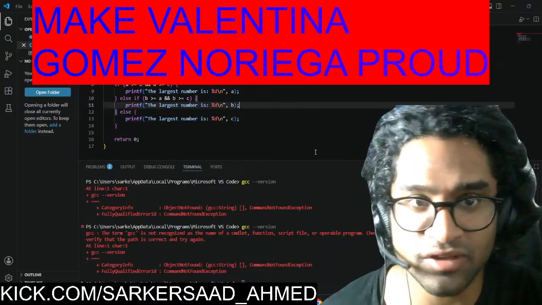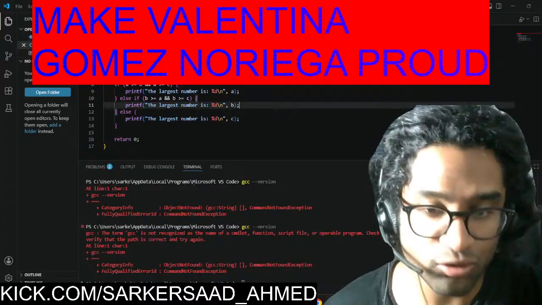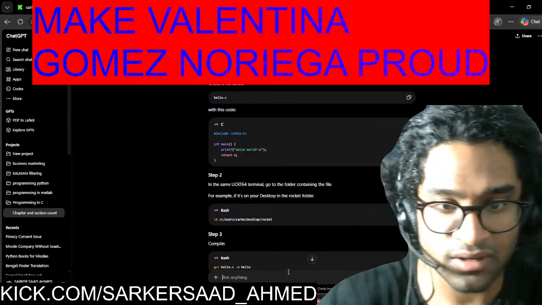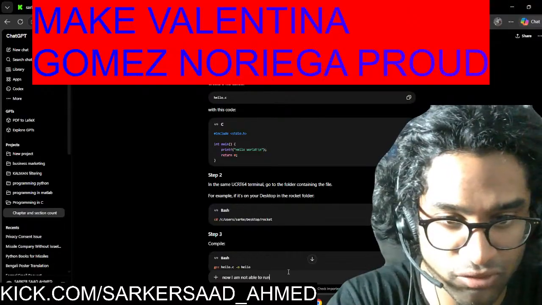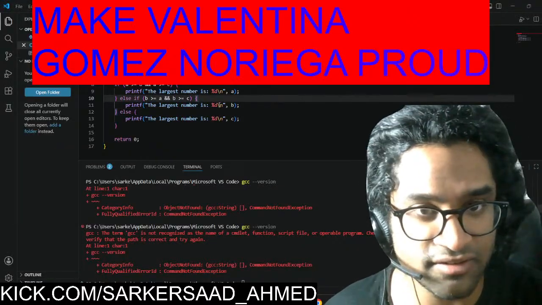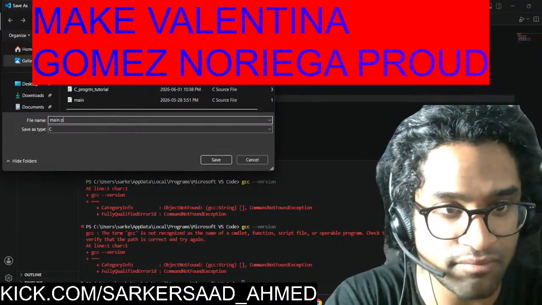Now it keeps saying open the folder, open the folder. So I'm not able to run because it keeps saying please open a folder. Okay, wait. I think, let's actually save it. Save as main program.